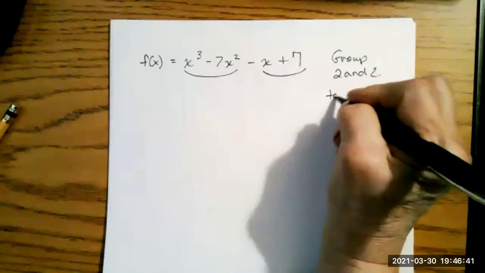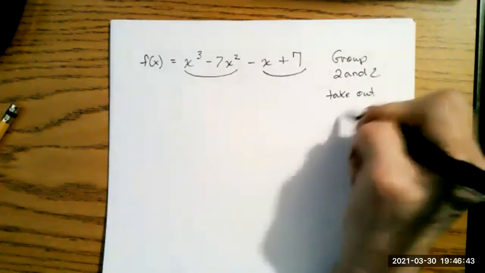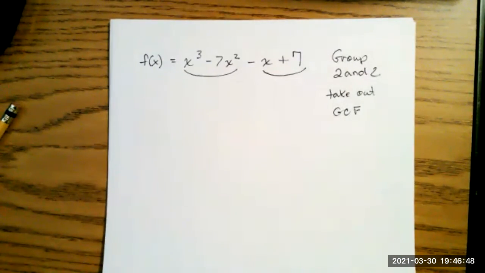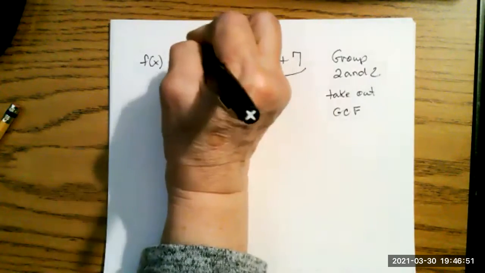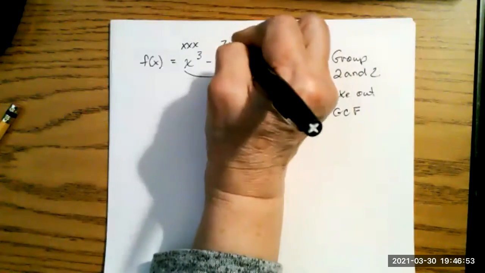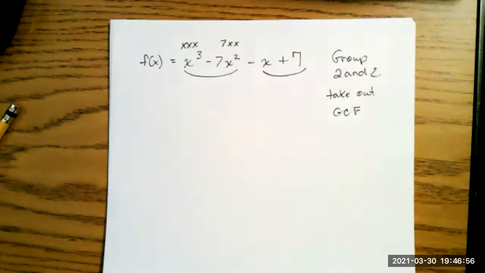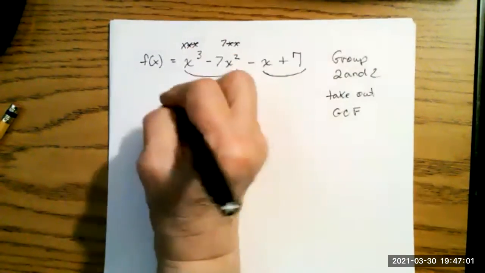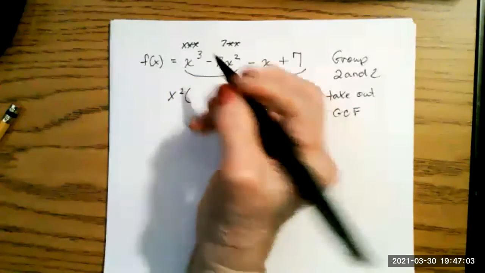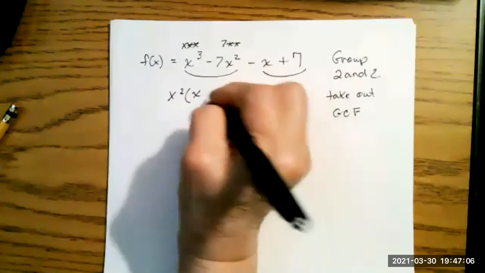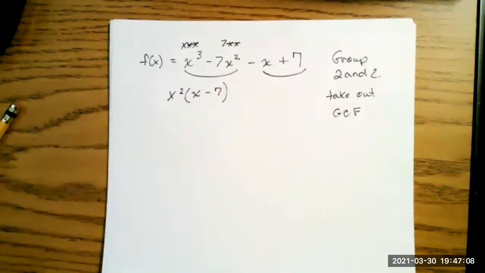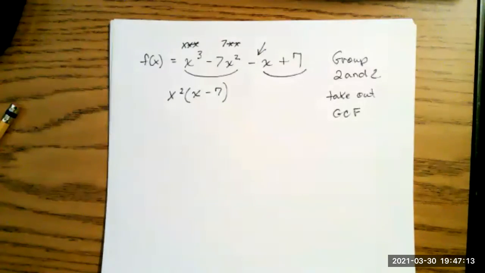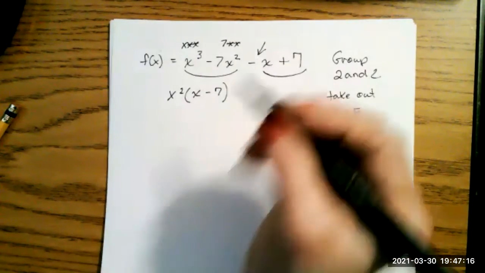Now then you take out a GCF. So in this first one, we have x cubed, we have a 7 and an x squared. So they both have in common 2 x's, x squared. I'm going to take out an x squared. That leaves me 1 x here and a minus 7. The third term is negative, so you have to take out a negative something. Negative 1.